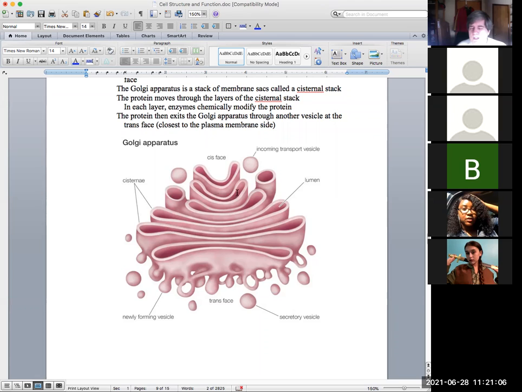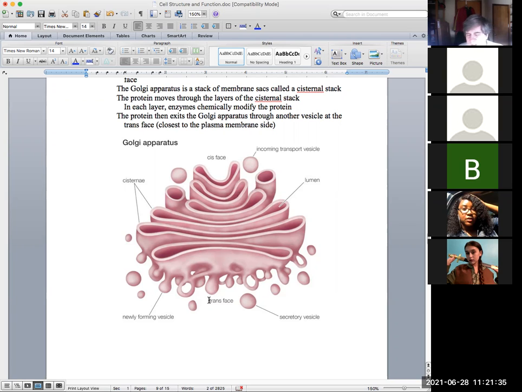Now, some proteins get dropped off at the second or third layer, and that's because each layer has different enzymes. So depending how a protein has to be modified, it doesn't always go through all of these layers. It might start at the second layer on the cis side instead of the first, but it gradually moves in this direction towards the trans face.